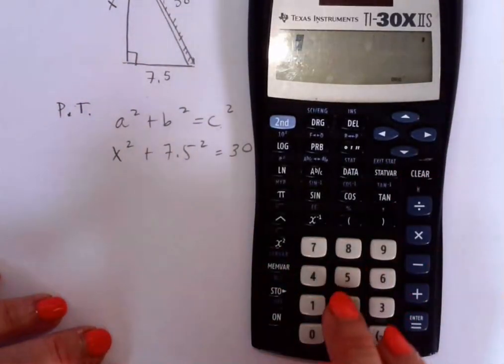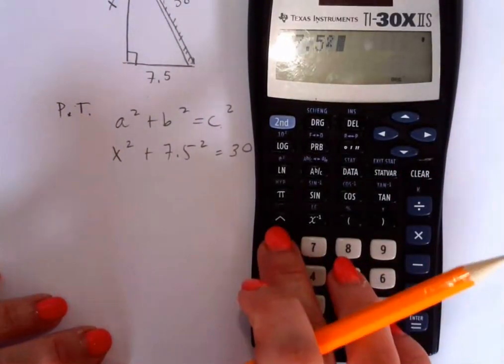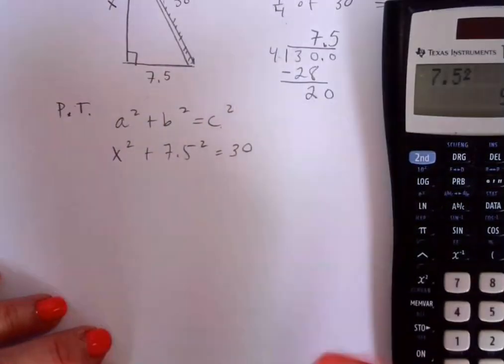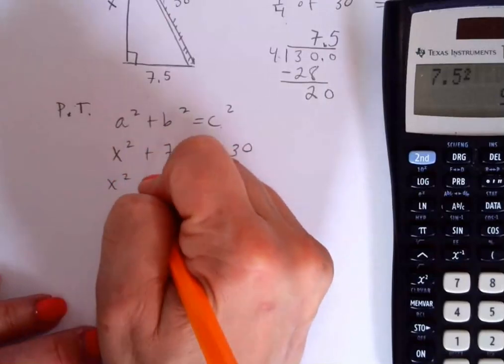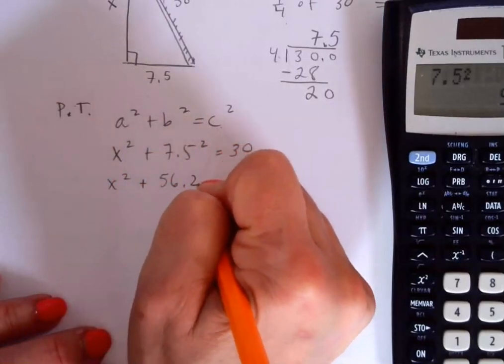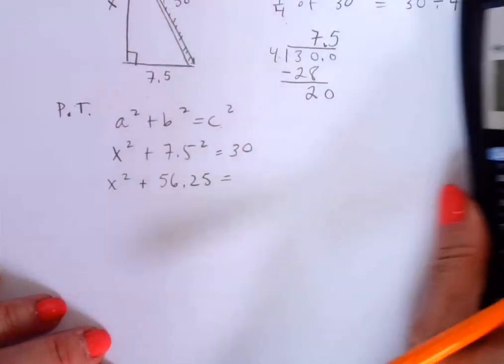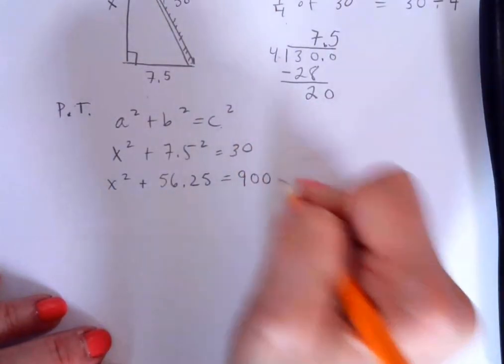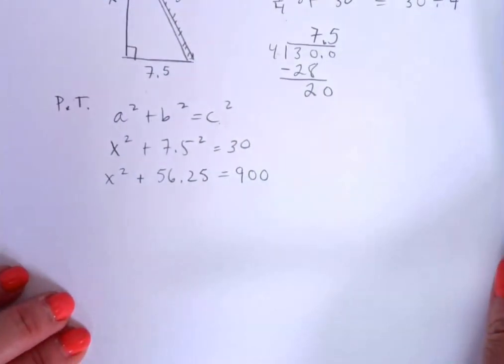So you can go ahead and do 7.5 squared. That gives us 56.25. And 30 is easy because 3 squared is 9. So it's just 900.